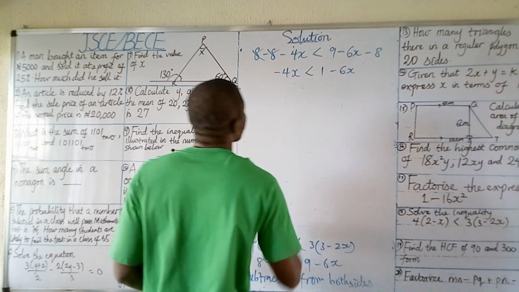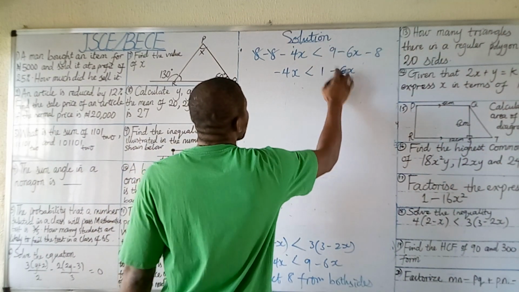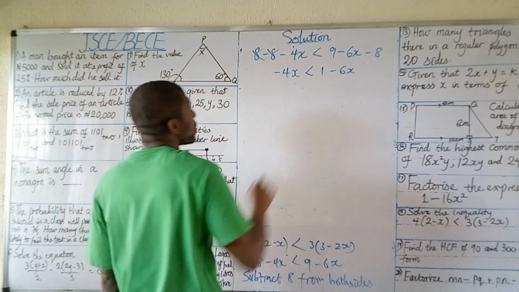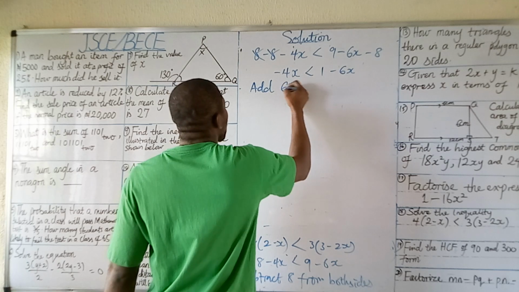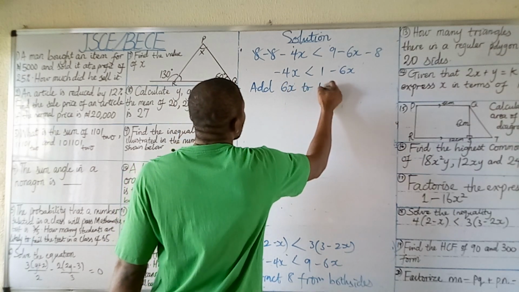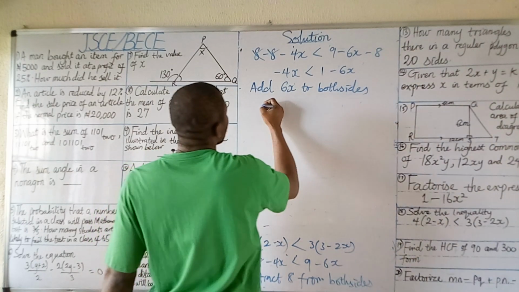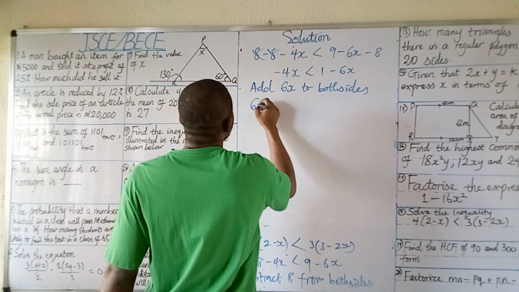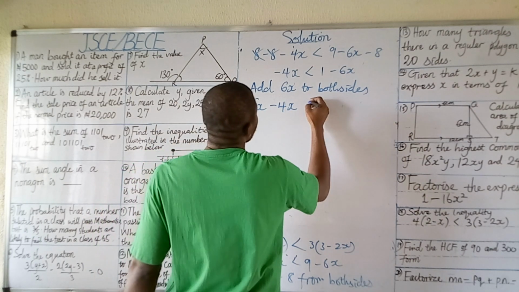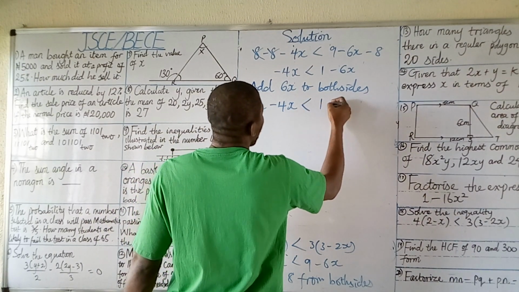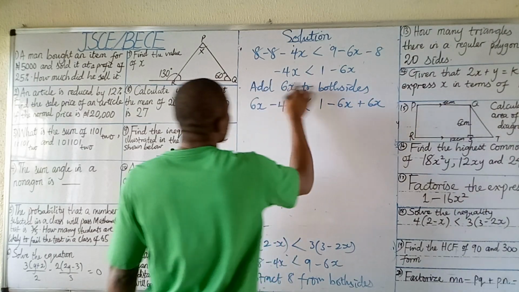Next on our list is to make this minus 6x move. So we add 6x to both sides. When that happens, I have 6x minus 4x less than 1 minus 6x plus 6x, because they said I should add.